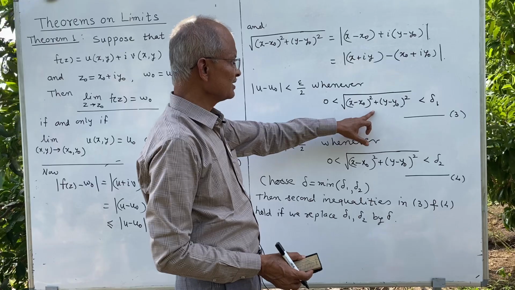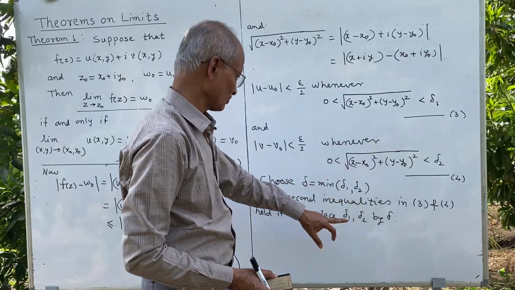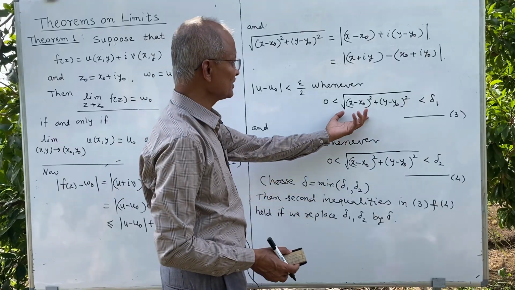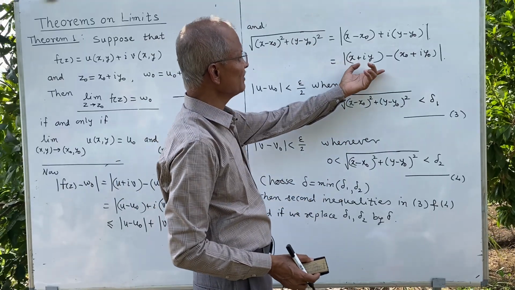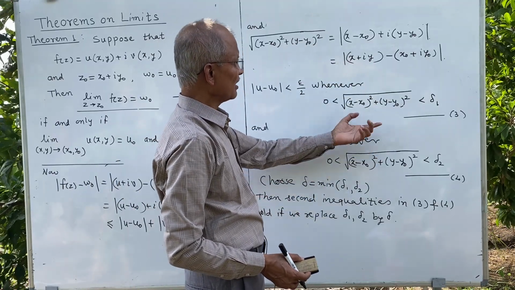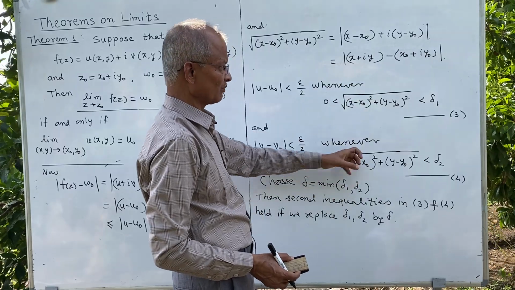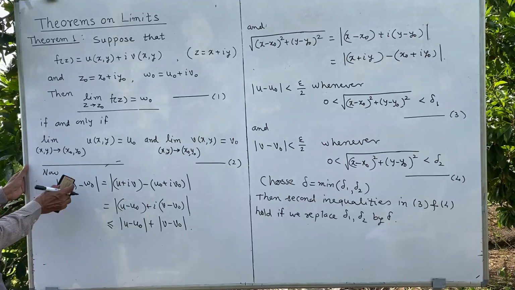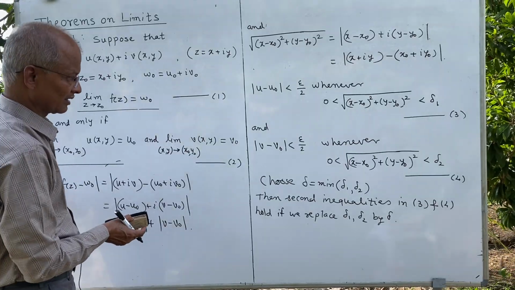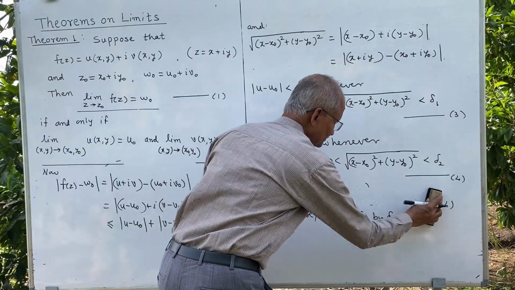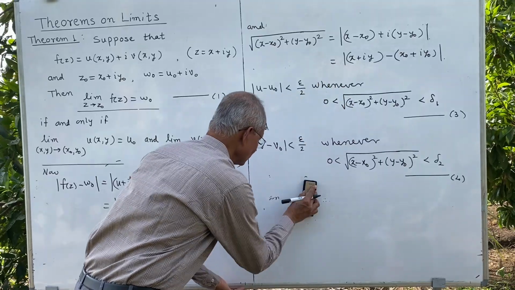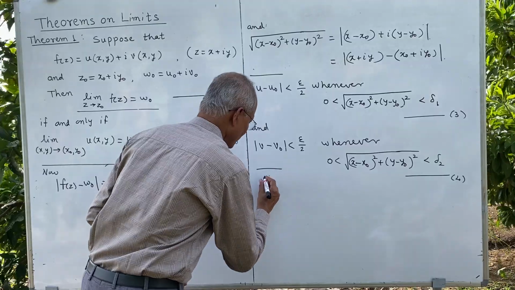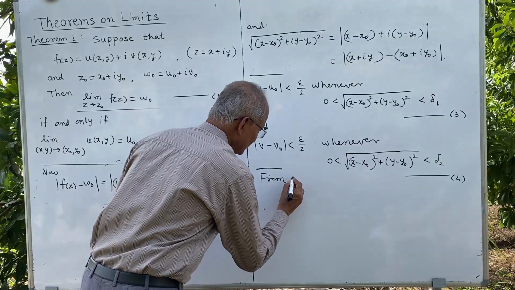This is less than delta 1, this is less than delta 2, but we have chosen delta as minimum, and therefore this expression will be less than delta, and this will be the same condition for less than delta. So, from statements 3 and 4 we get, this we will continue here.